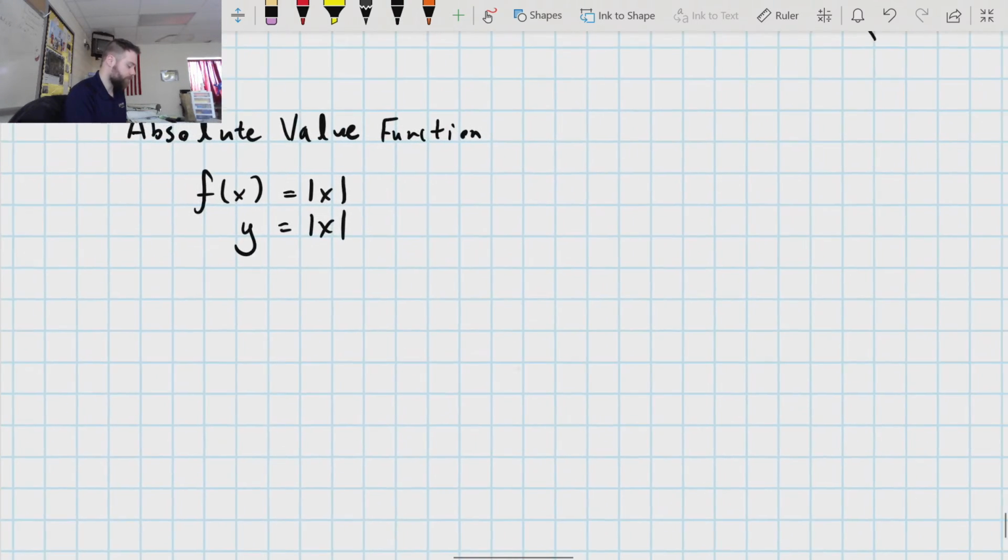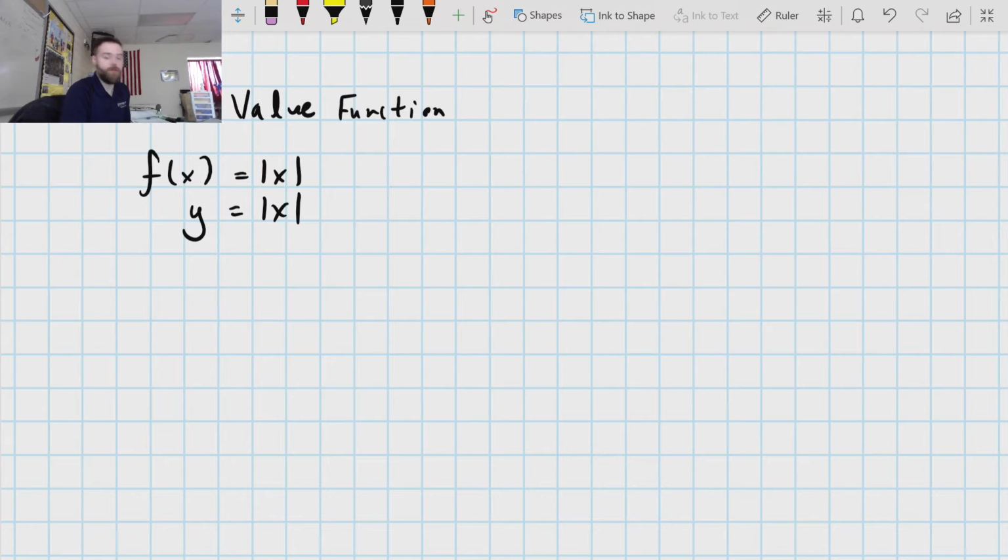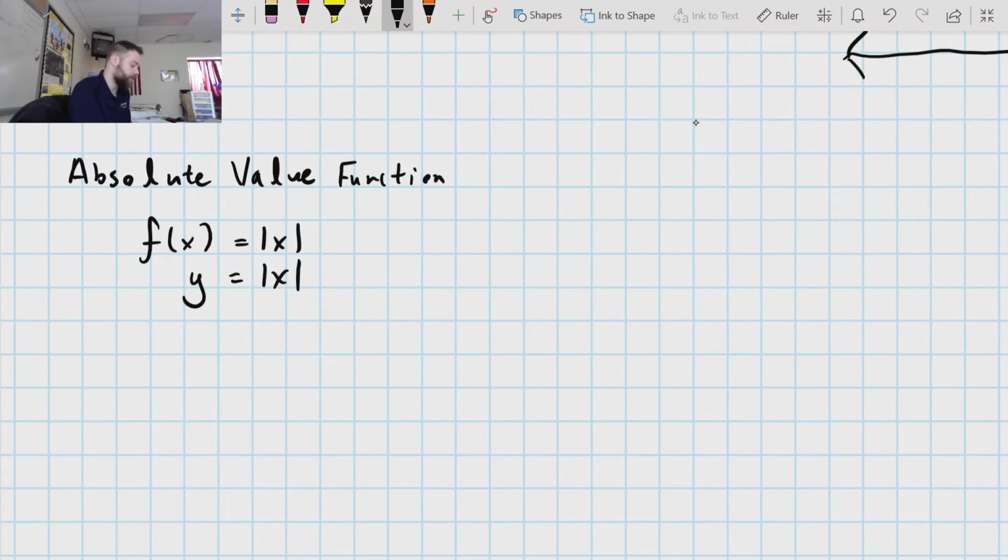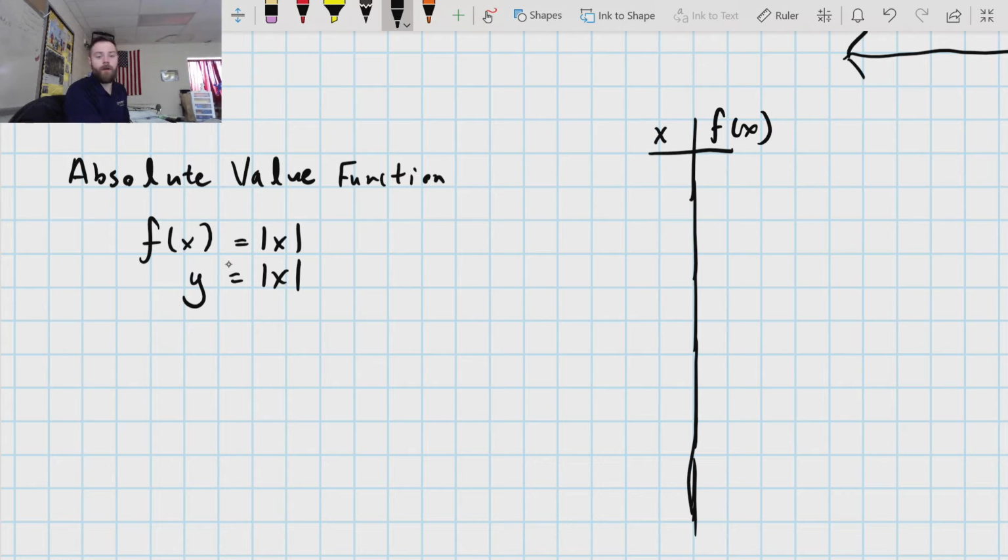Okay. So anytime I start to draw a graph, right, I want to do an input-output table. And this one's going to be pretty special. So if you're unfamiliar with those vertical bars that are around x, what it means is any number that I plug into this function, my f of x is going to spit out a positive. So we'll go with the same ones we've been doing.